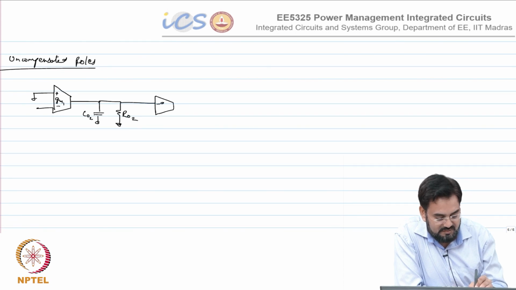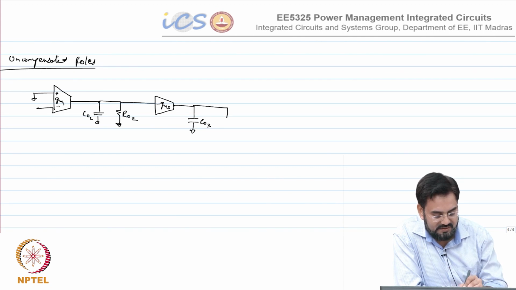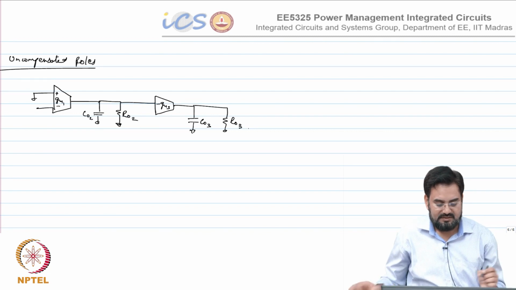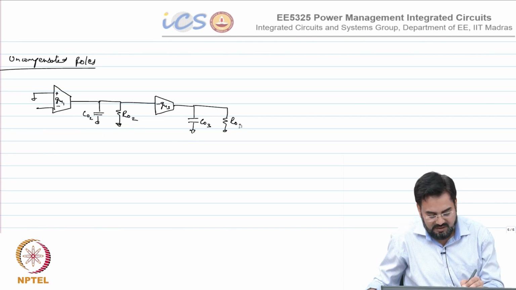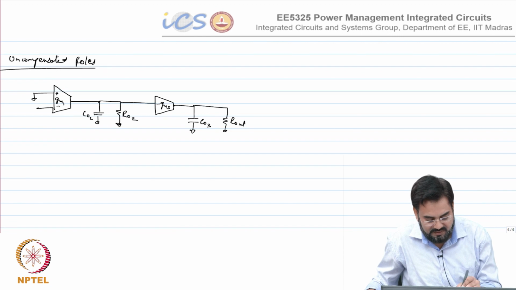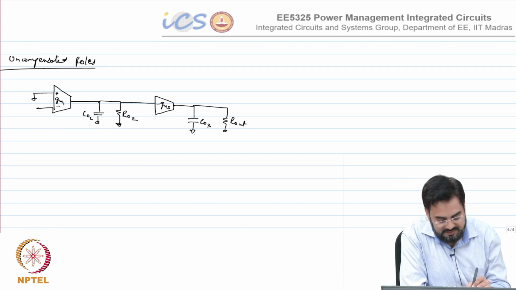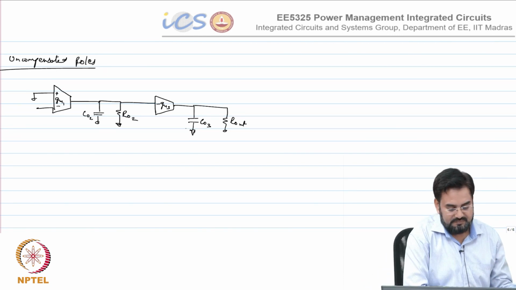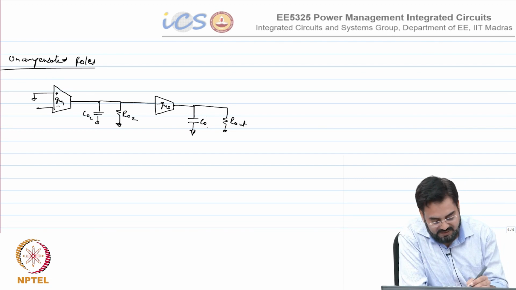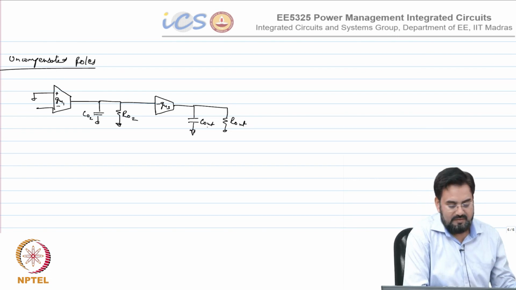So, I will just draw minus GM3 and this is your CO3, RO3. Let me call it R out, so that we can have everything included there. Okay. And CO3 I can call it C out. Okay.